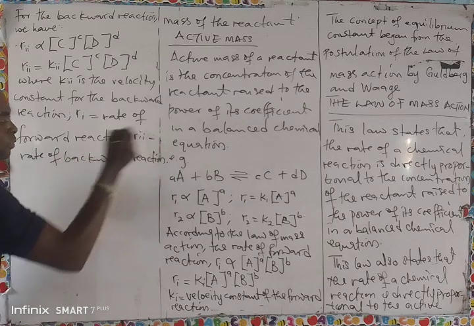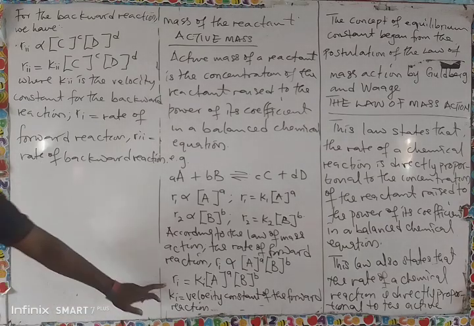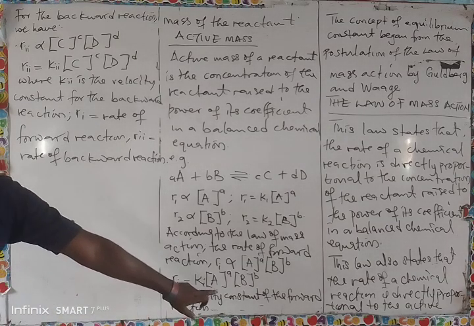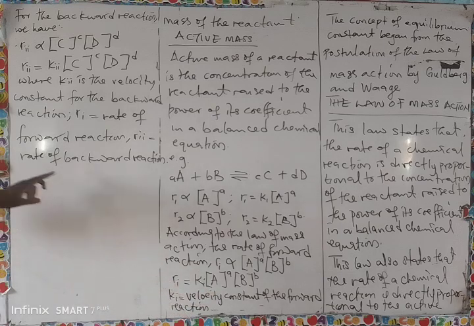In the first equation we got here, the rate of forward reaction gave us this one. The rate of backward reaction gave us this one.